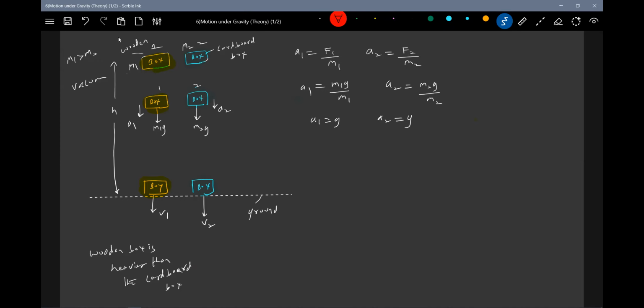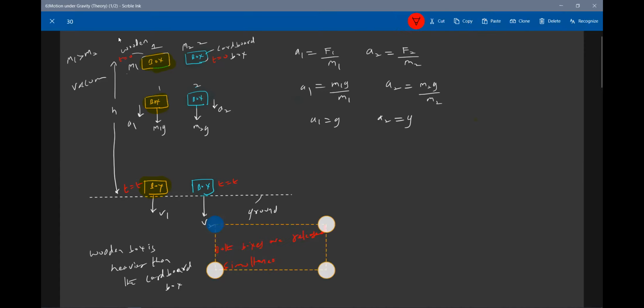So at t equals 0, they were released. Both will arrive simultaneously and strike the ground. Okay, there's a very important description; let me write it here.